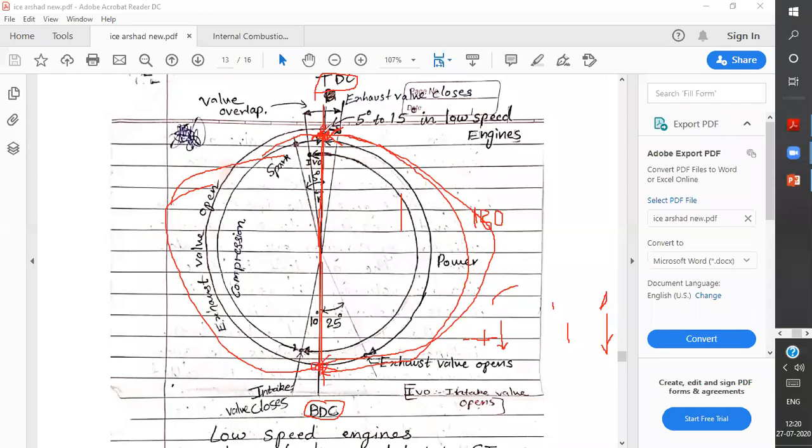What we are assuming in the theoretical cycle is that the spark plug ignites exactly when the piston has reached top dead center, but in actual it is different. I will explain that with the actual valve timing diagram.